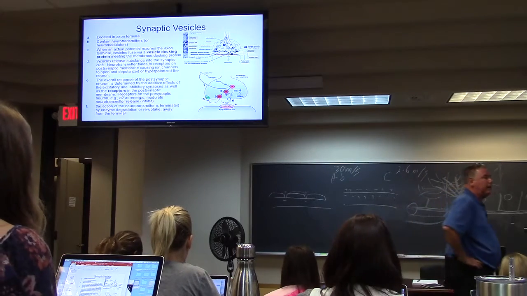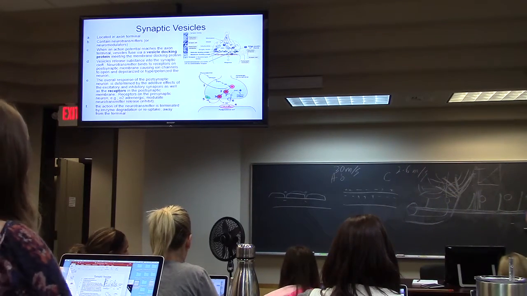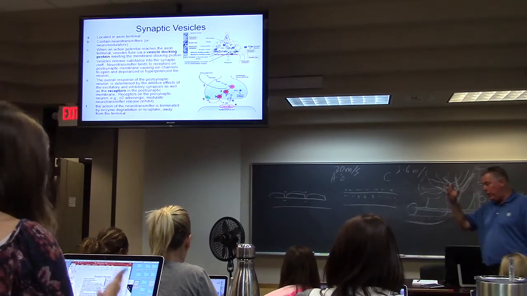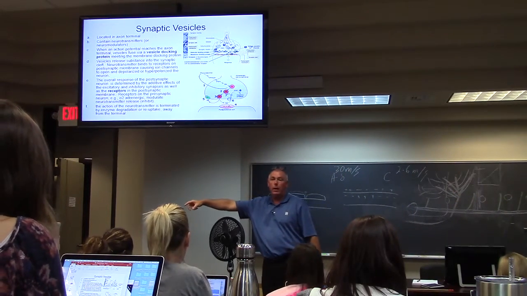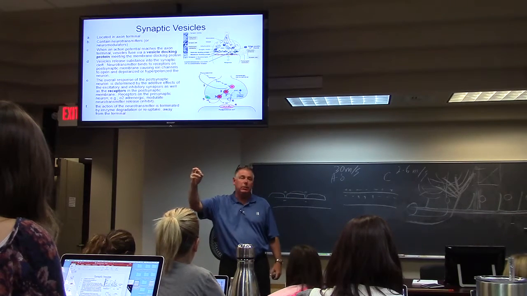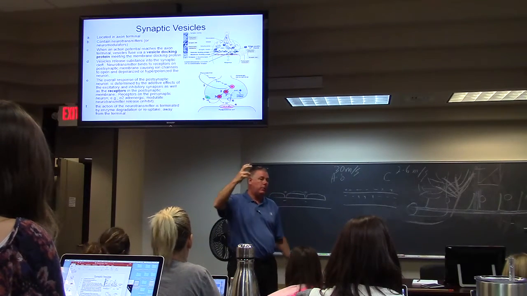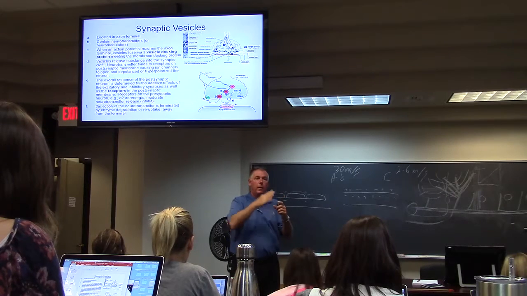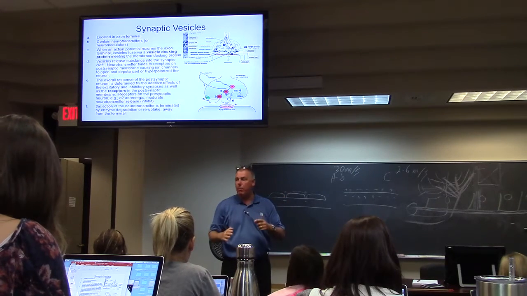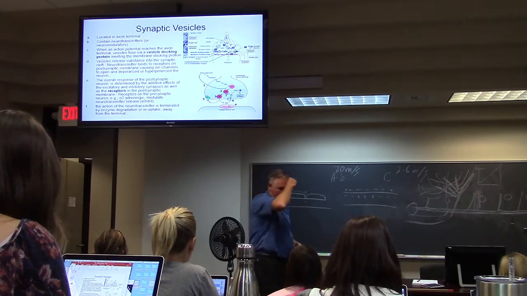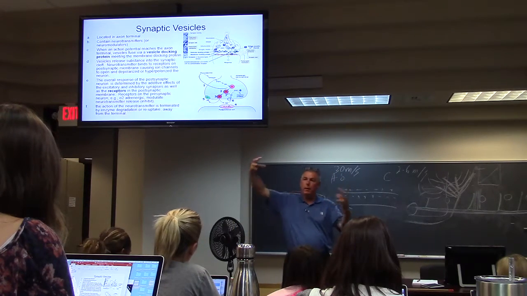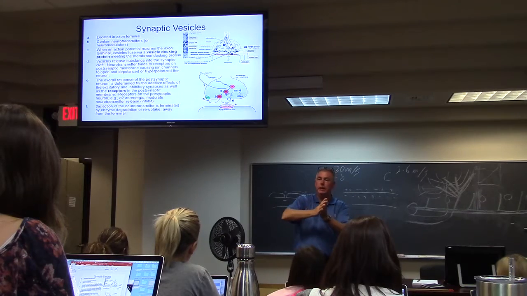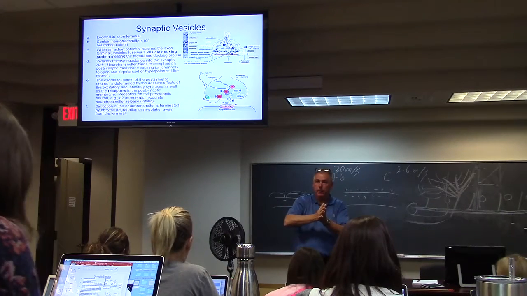One more thing about synapses here. When the action potential reaches the nerve terminal, it causes the synaptic vesicle to bind with the presynaptic membrane. There is a receptor situation here. It's a docking protein on each side that causes them to bind.